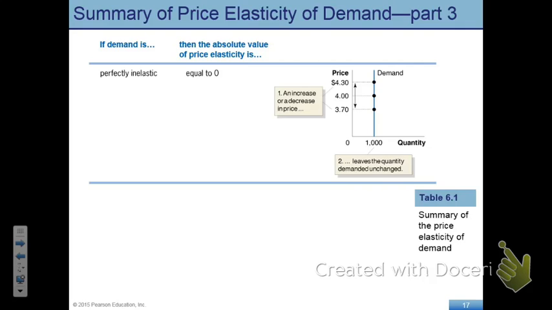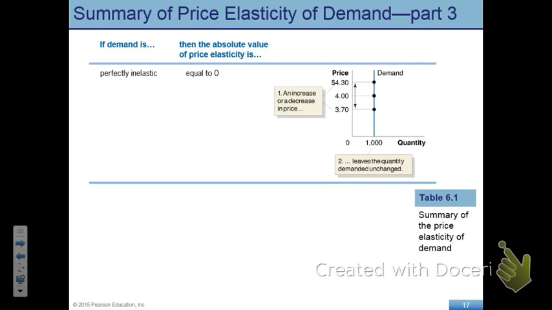Again, not that important for empirical research, but probably important from a conceptual perspective, is when your demand curve is vertical. When your demand curve is vertical, notice that for any given change in price, your quantity demanded does not really change. We all see that. So, for any given change in price, the denominator is a positive or negative number, it doesn't really matter.